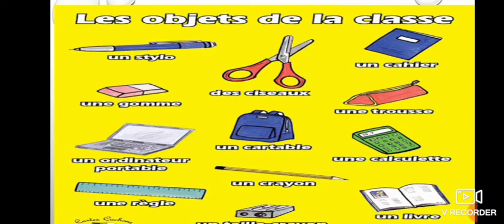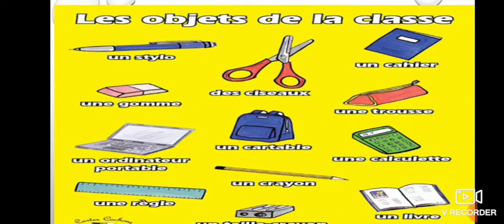We have un stylo, which is the pen, des ciseaux, the scissors, un cahier, the exercise book, une gomme, an eraser, un ordinateur, a computer, un cartable, a school bag, une trousse, a pencil case, une calculatrice, a calculator, un crayon, a pencil, un livre, a textbook.